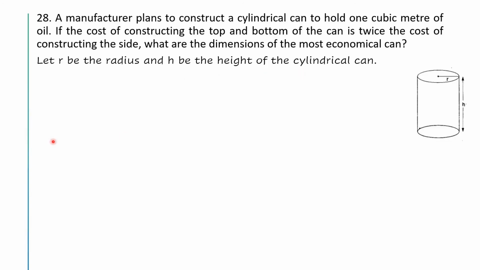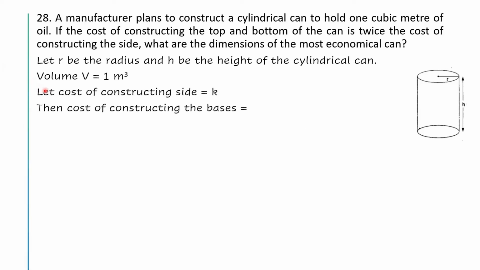So let R be the radius and H be the height of the cylindrical can. So this is the radius R and this is the height H. Here it is given volume V is 1 meter cube.